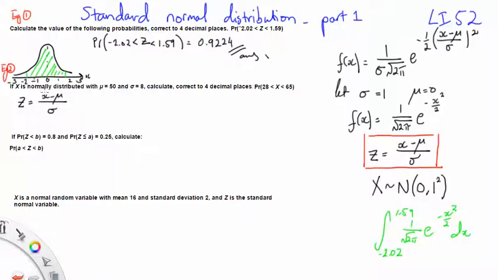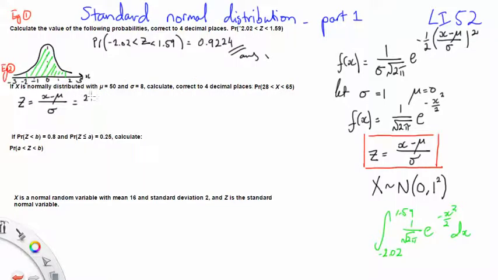So what have we got here? X is normally distributed with a mean of 50 and a standard deviation of 8. Calculate correct to 4 decimal places the probability it lies between these two values. So we have to normalize each value.